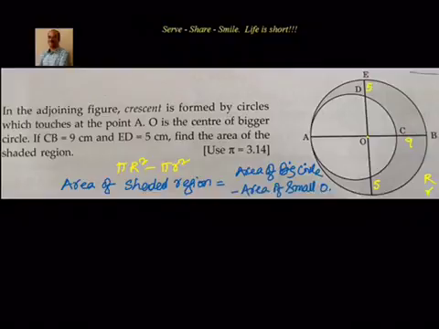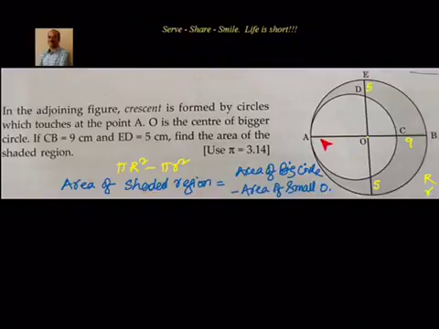Now we will take the smaller circle and apply the property that in a circle, if chords are intersecting with each other, then the product of their segments is equal. That means AO into OC should be equal to DO into OX.